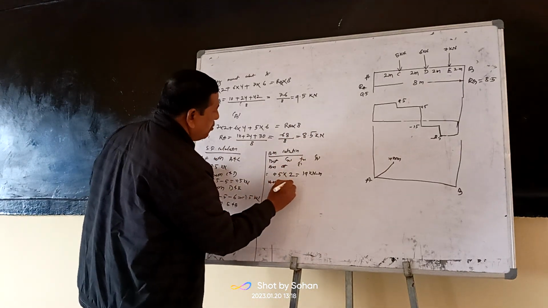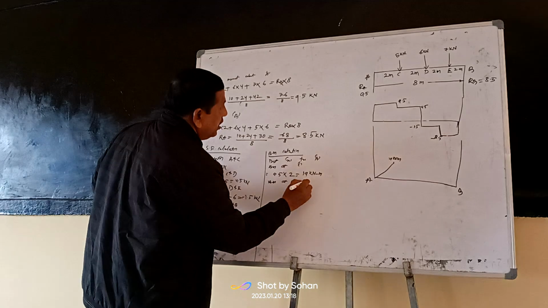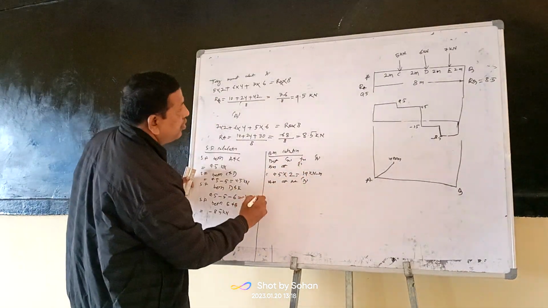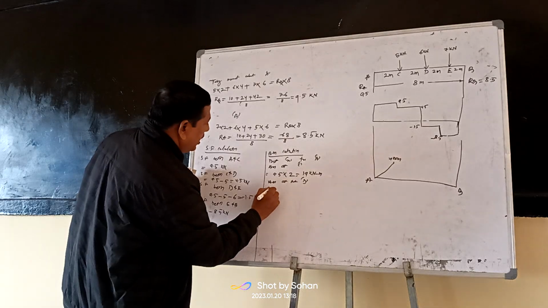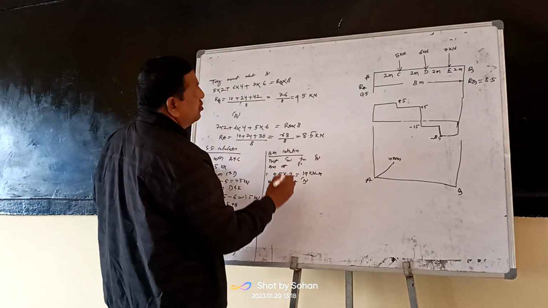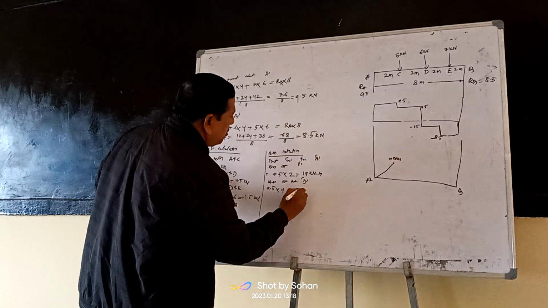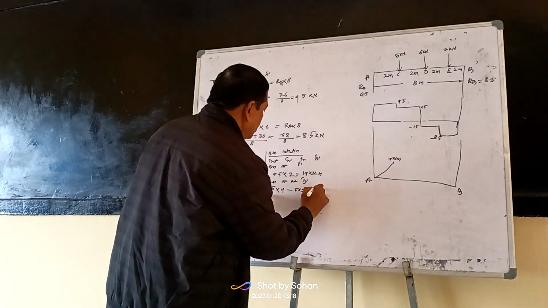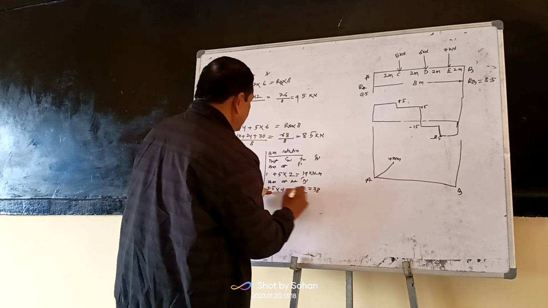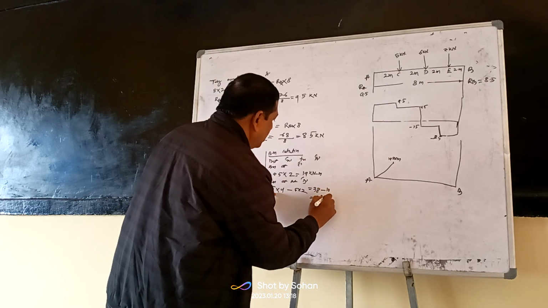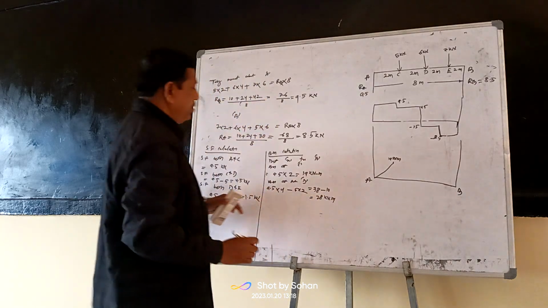Then the bending moment at point D is equal to 9.5 into 4 minus 5 into 2, which is 38 minus 10, equal to 28 kilonewton meter.